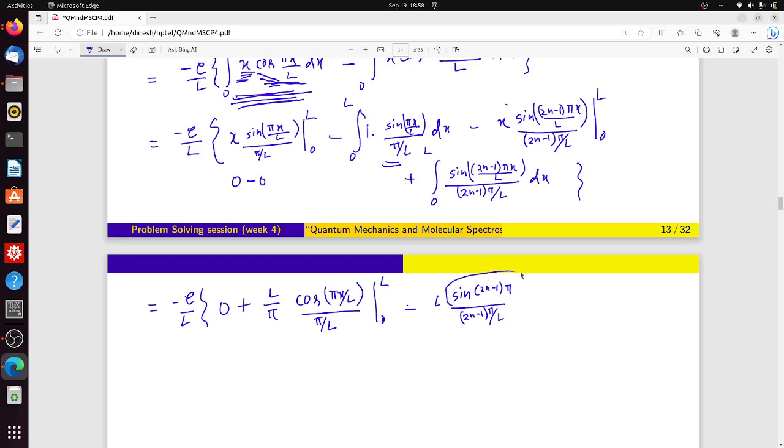So what will be the value of this term? You already did this, right? So what will be the value of this sine 2n minus 1 pi? Okay, the lower limit will obviously give me 0. What will be the value of this?